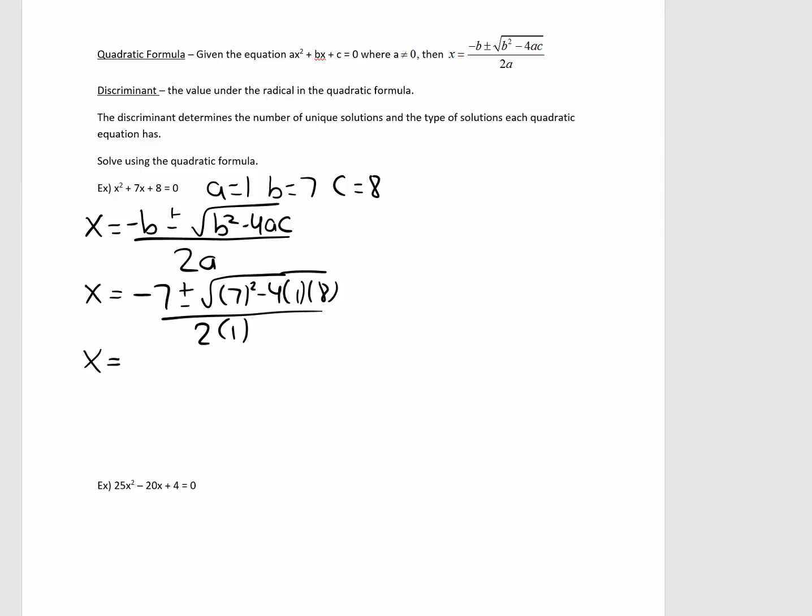All right, let's simplify under the radical. Simplify one more time. So I have two solutions here. Negative 7 plus the square root of 17 divided by 2, and negative 7 minus the square root of 17 all over 2.